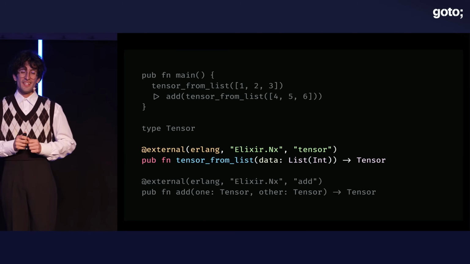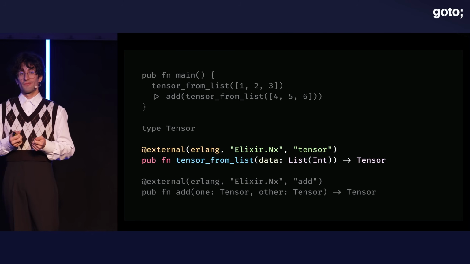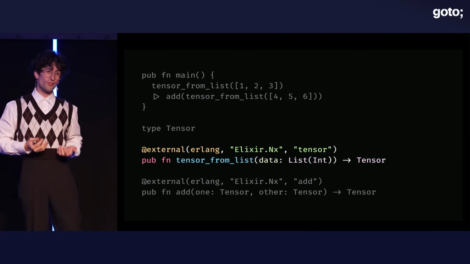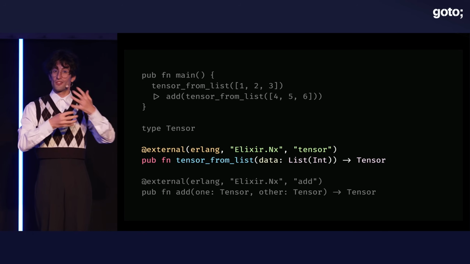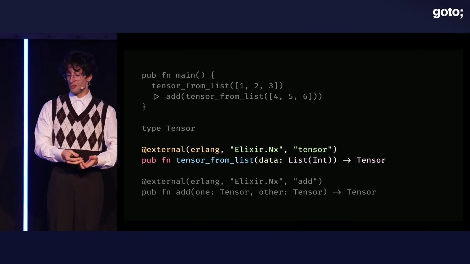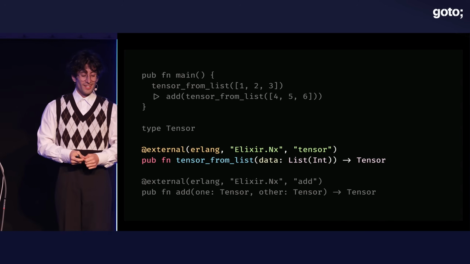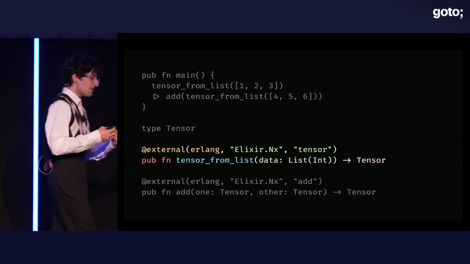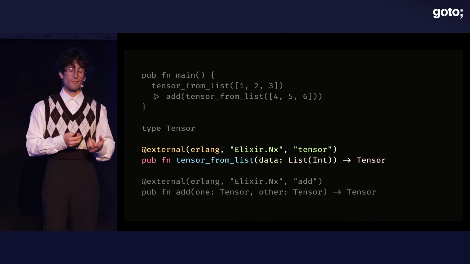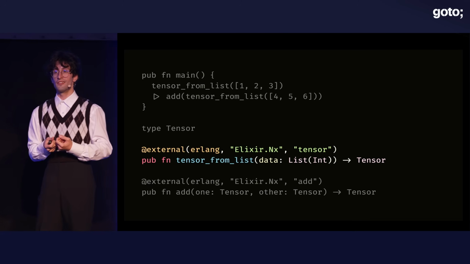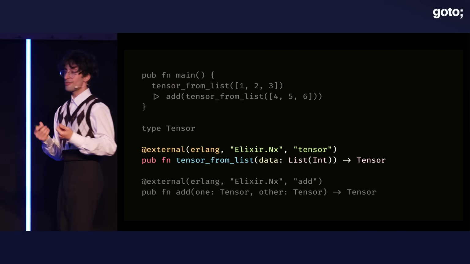And the nice thing, it has also zero overhead, because by the end of the day, when you compile your Gleam code, it's just going to be turned into Erlang. And so this is just another Erlang function call. So now we get access to loads of amazing libraries. For example, Elixir has some great libraries to do tensor math.